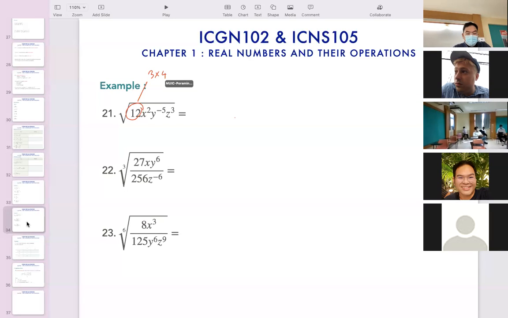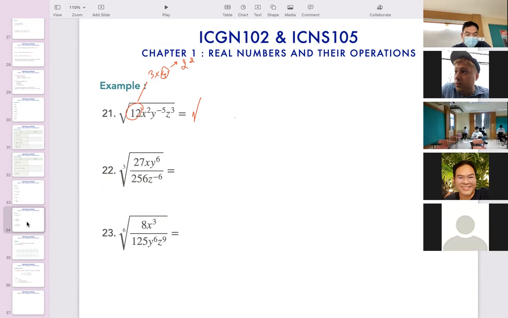And for 4 you can make it 2 squared. So I will try to make all of these terms have an exponent that is divisible by the index 2.